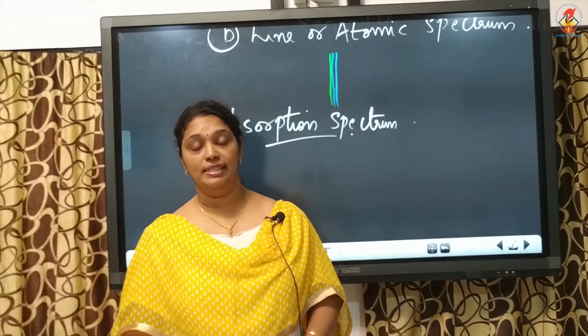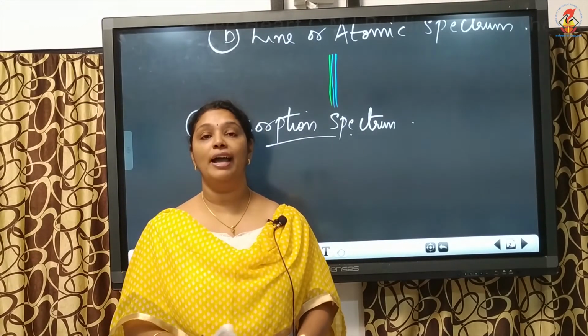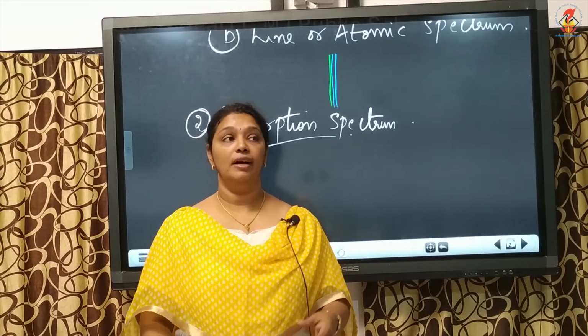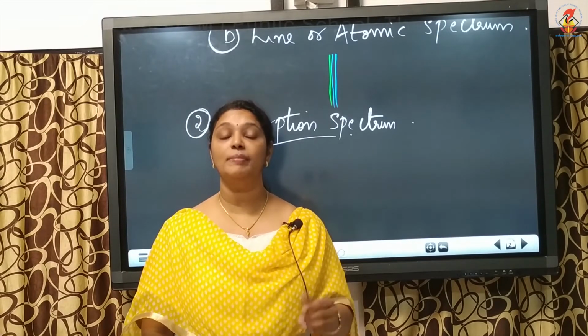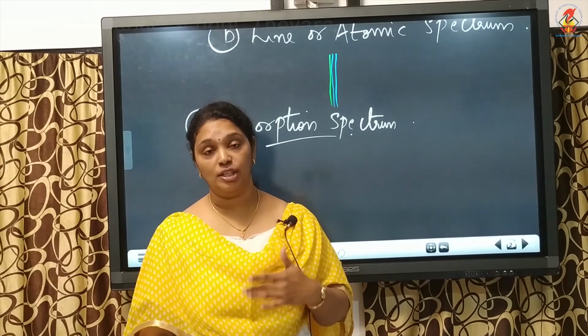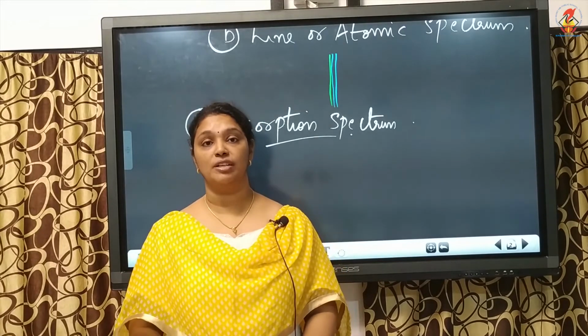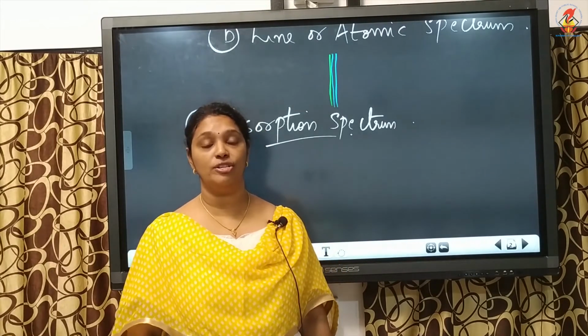Now let's study in detail about the line spectrum or atomic spectrum of hydrogen atom, because the atomic spectrum of hydrogen atom is the simplest. For other elements, the atomic spectrum is complex. So we are going to study the line spectrum or atomic spectrum of hydrogen atom.